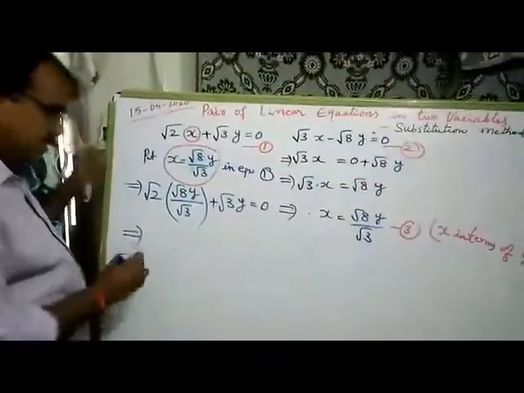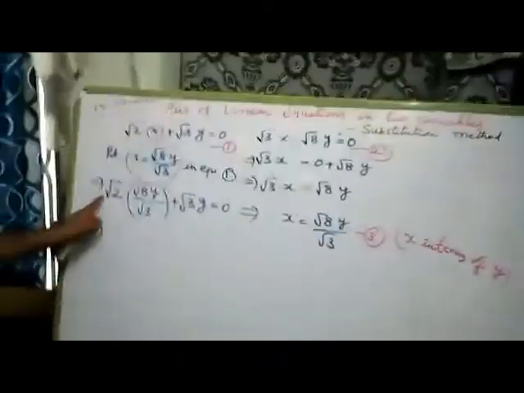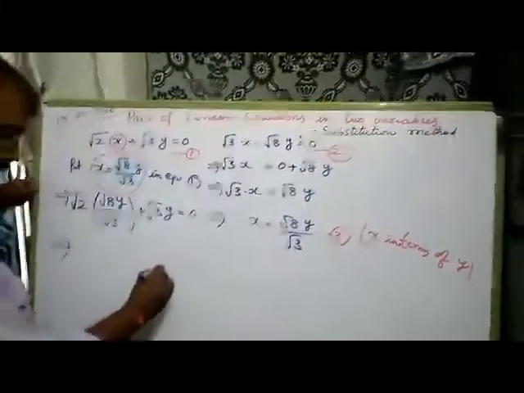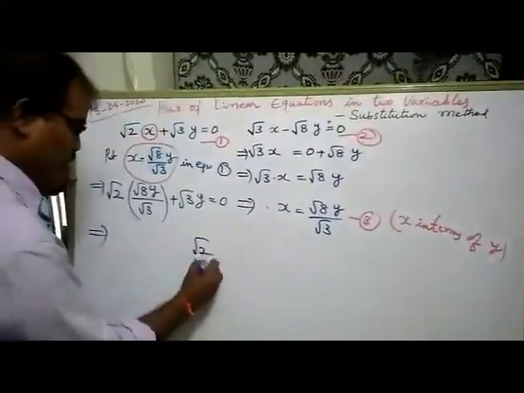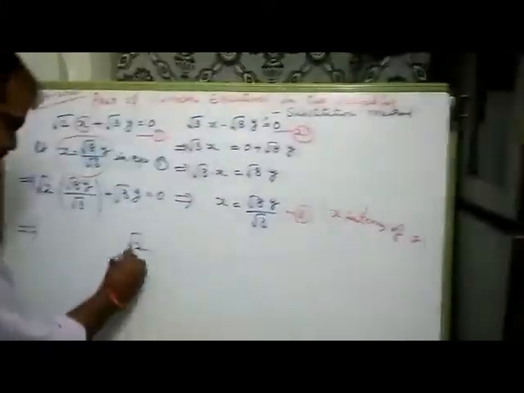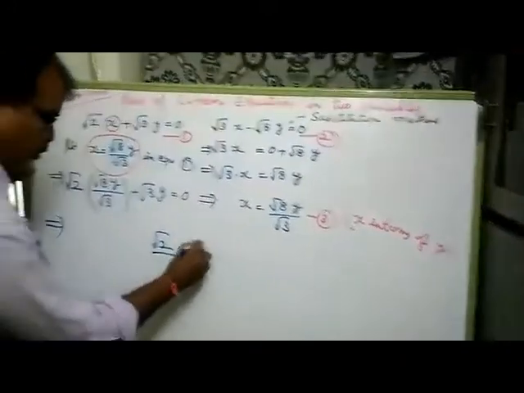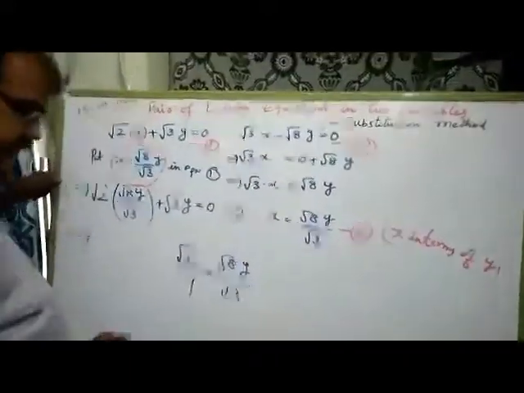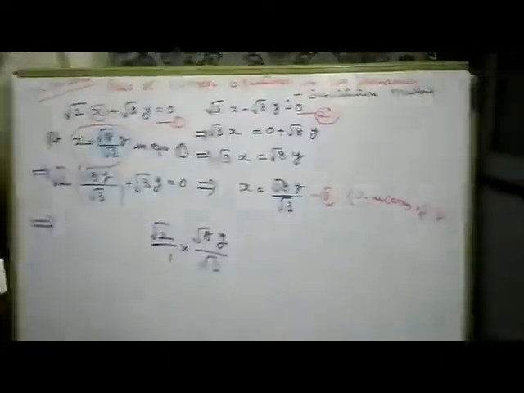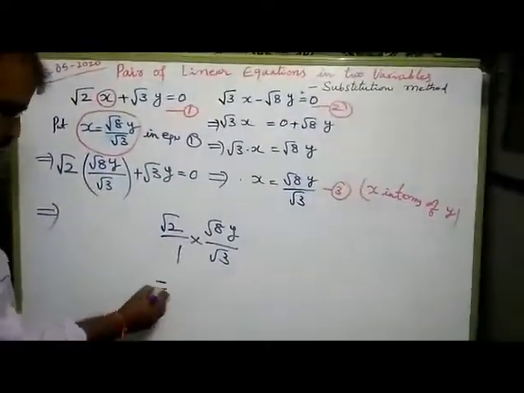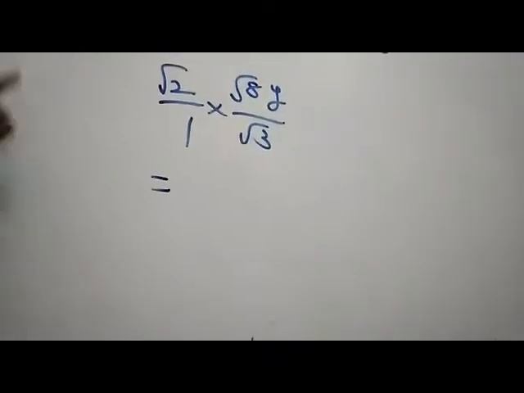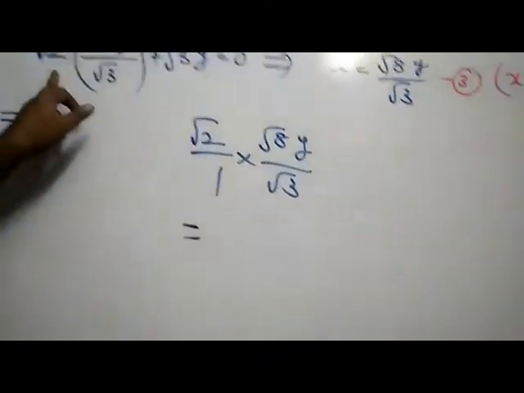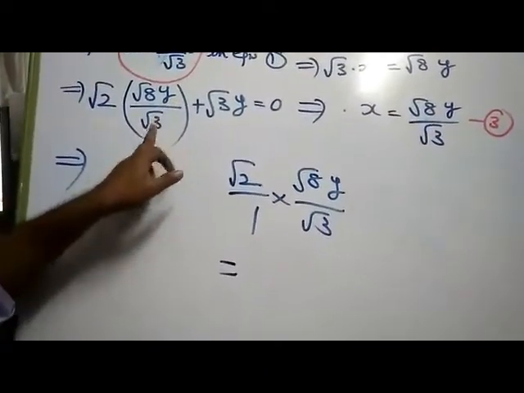Now simplify carefully. This is nothing but root 2 by 1 into root 8 y by root 3 is equal to root 2 into root 8 by root 3.